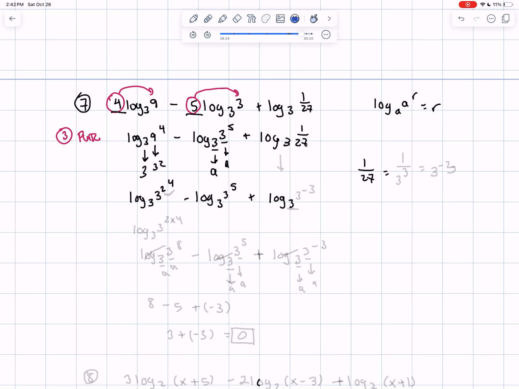So we know 3 raised to the third gives me 27. But I don't want it in a fraction form, I want it in an exponential form, so we're going to change that to 3 to the minus 2. Or is it 2? No, it's not 2, it's 3 to the minus 3, because I have the 3 power. So then it will be written as 3 raised to the log base 3, 3 raised to the minus 3.